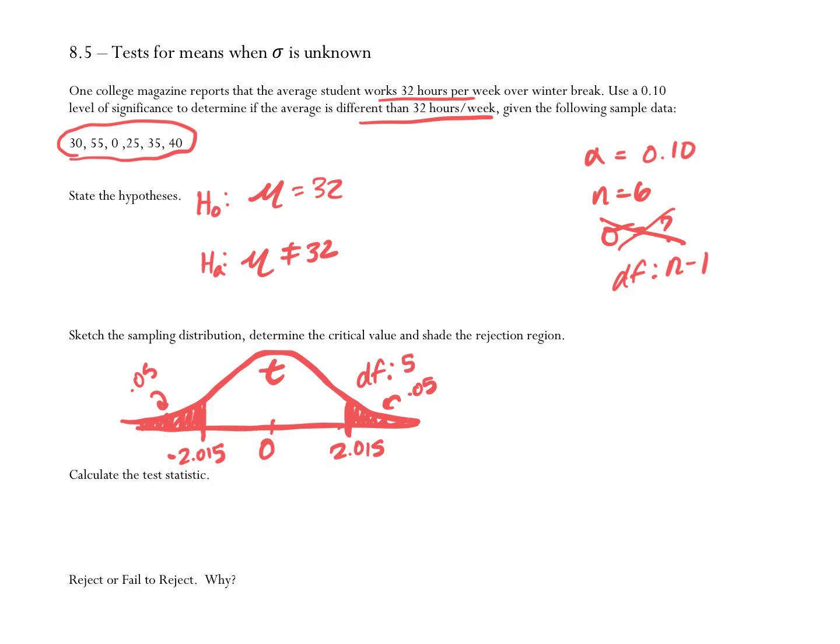All right, now, if I go in my calculator, I'm going to go back again to that tests menu. This time, because this is a t distribution, I'm going to pick t-test instead of z-test.